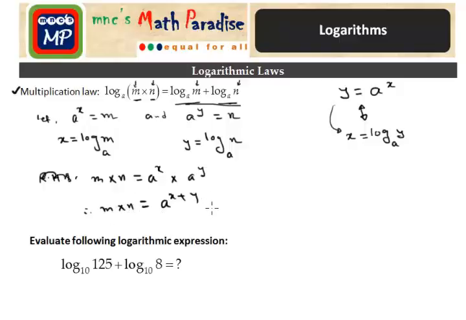Now this is an exponential form. If we convert it into logarithm form, the power is x plus y, the base is a, and the result is m times n.